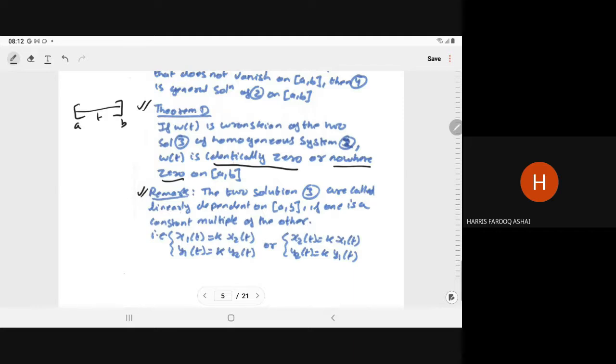So here we have the remark: the two solutions are called linearly dependent on (a, b) if one is a constant multiple of the other.